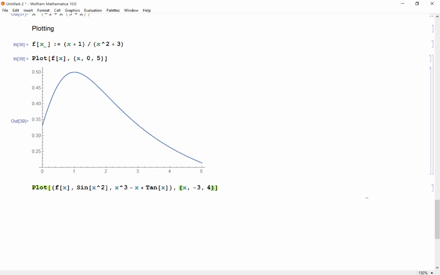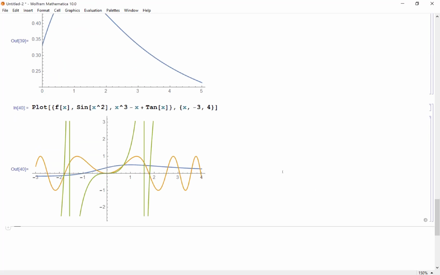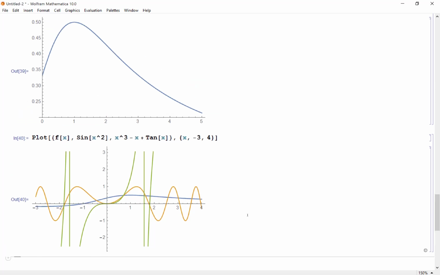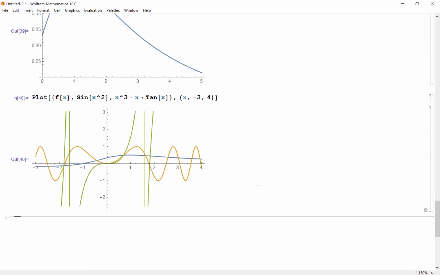So now I have 3 functions. It should plot all 3 of them together, and there it is. The blue is the first one, the yellow is the second one, the green is the third one. And you can see those vertical asymptotes. Mathematica denotes those with those straight vertical lines in the green right there. So that's how we can plot a function and then plot multiple functions together.